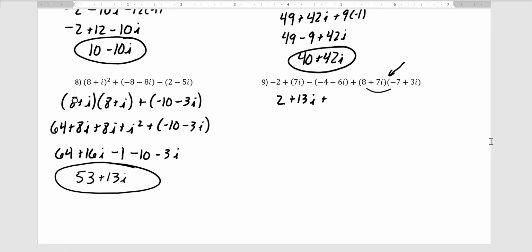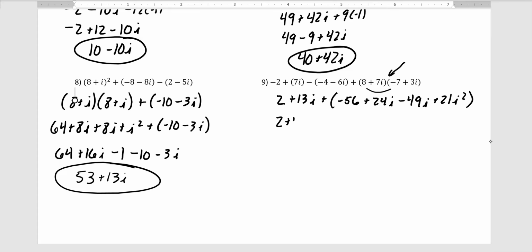We have 8 times negative 7, so that'd be negative 56. We have 8 times 3i, so that'll be 24i. We have 7i times negative 7, so negative 49i. 7i times 3i becomes 21i squared. All right, let's combine some terms here.